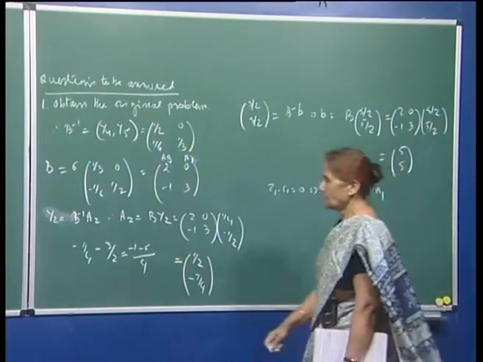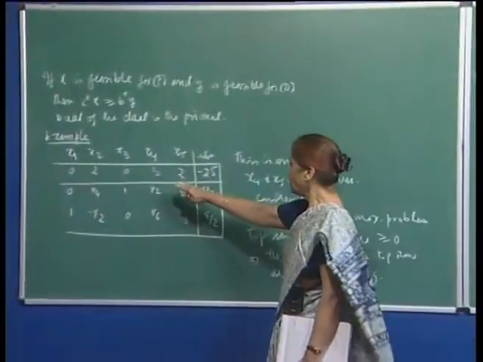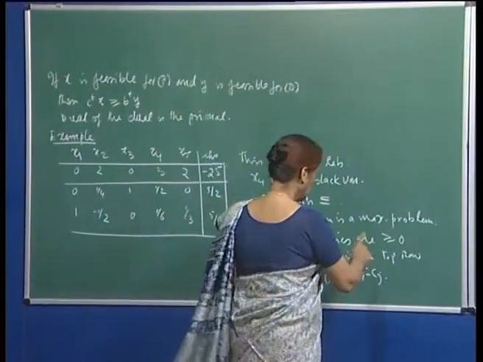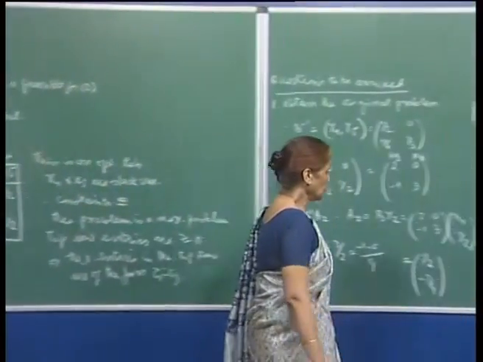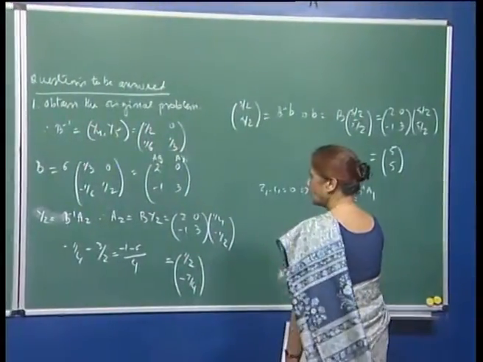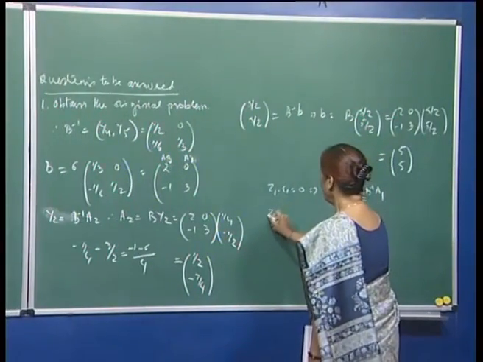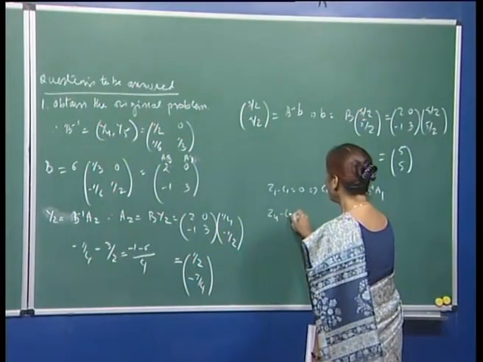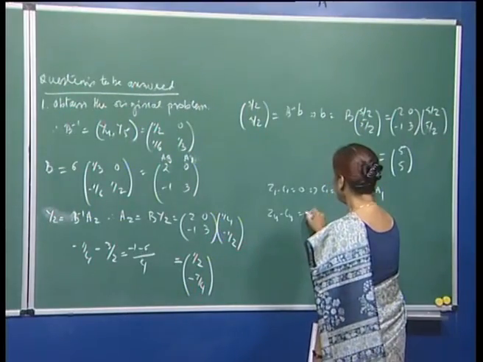Now remember, because these are slack variables, and since we are writing Zj minus Cj, please figure out for yourself what is happening. When you look at Z4 minus C4, this is given to you to be 3.